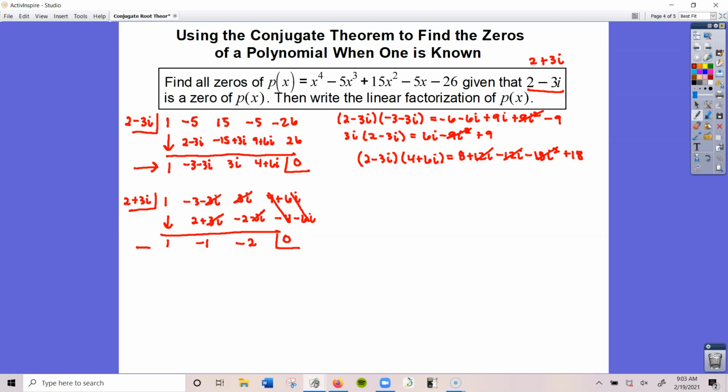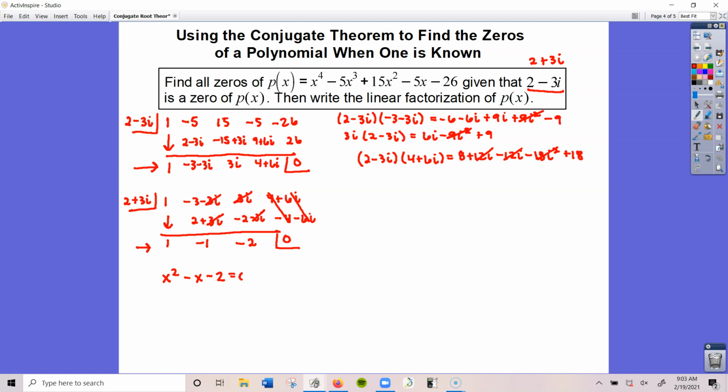So now we have this quadratic, which is x squared minus x minus 2. Now I know this is a quadratic simply because we started off with a quartic function, right? The highest exponent was 4. So when we divide, this answer is to the third. And then when we divide again, this is x squared.